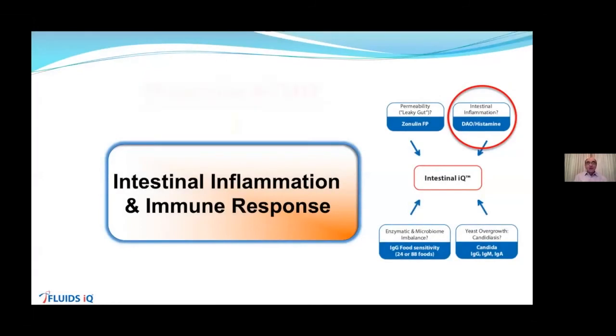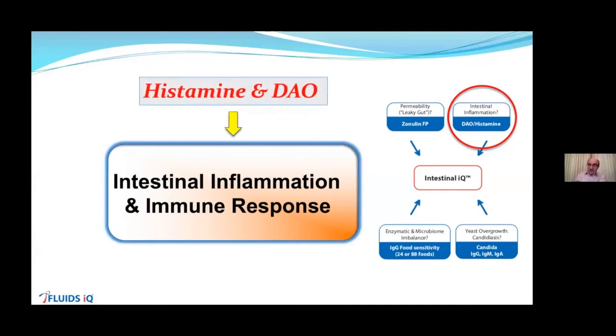The second one that we're going to look at is histamine and diamine oxidase, and this is important, and one of the reasons we offer it as an important part of our testing profile is because it is a very good and quick way of being able to get a handle on intestinal inflammation and the immune response to that.